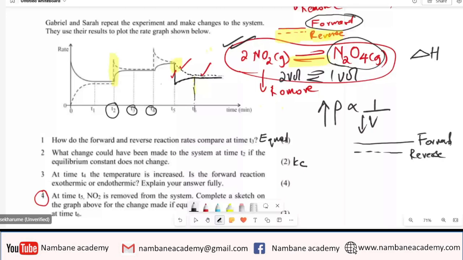So if I'm increasing pressure, I'm going to favor the forward reaction, which according to that graph is the solid line. The reverse is the dotted line. Increase in pressure, I'm favoring the forward direction, which is the solid line.